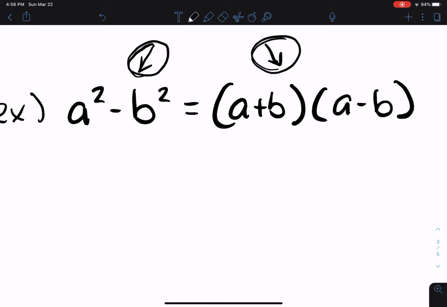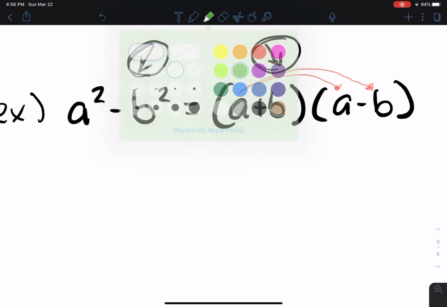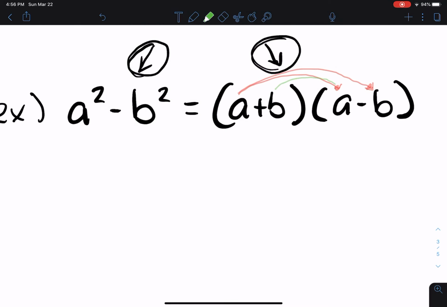So if we did that, we would want to essentially just FOIL this. I mean, this is a legit FOIL. It's distributing, but it's also foiling. So a times a and a times negative b, and then b times a and b times negative b.